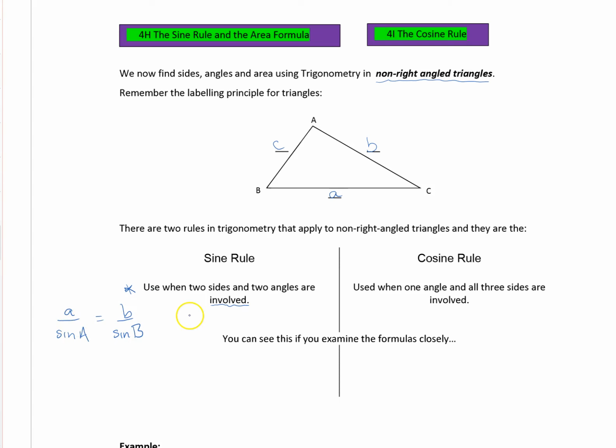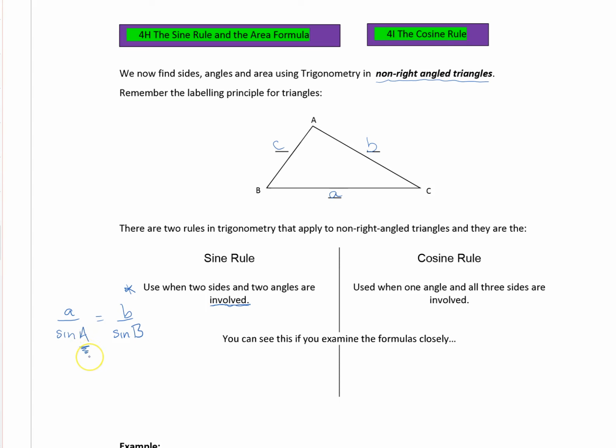One of those, of course, will be your unknown, and the other 3 must be given, because in an equation we can only have one unknown. So if it's this angle that's unknown, I must be given 2 sides and the other angle, and this angle is involved. It's what you're being asked to find.